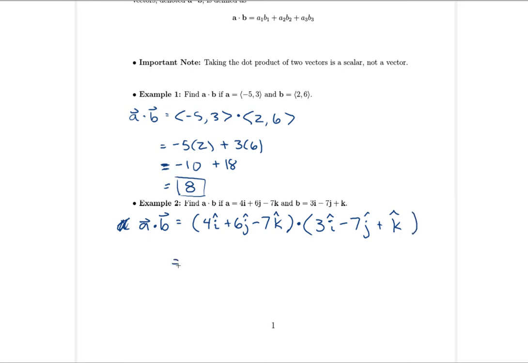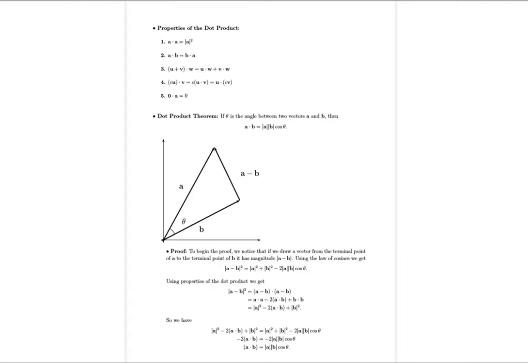What that means is that I'm going to multiply the two numbers that have i's on them, plus multiply the two numbers with the j, plus multiply the numbers with the k. And what we get here is negative 37. That's just the mechanics of how we take a dot product.